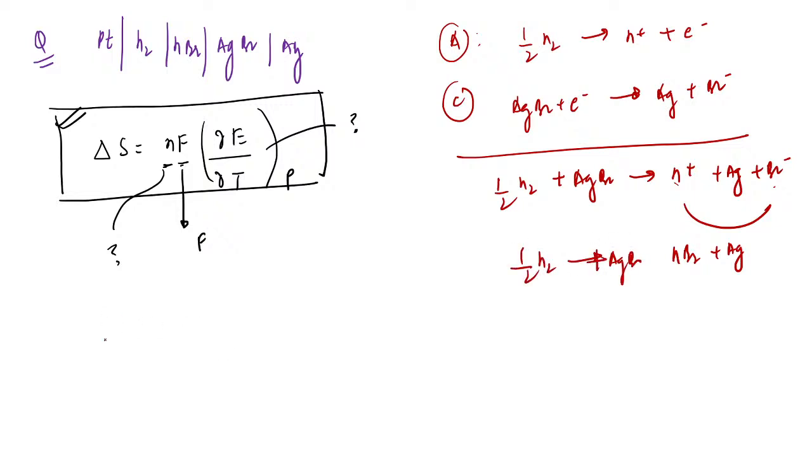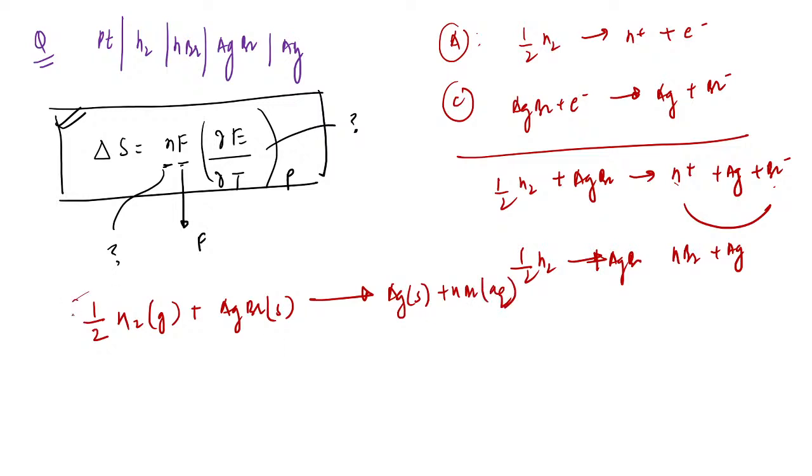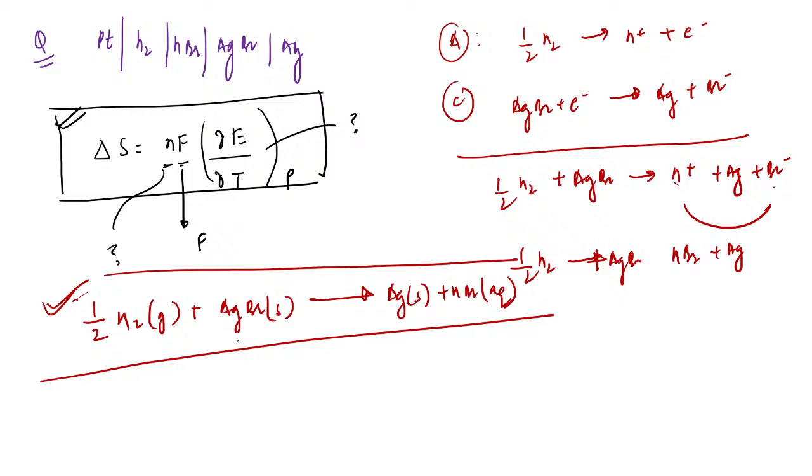So finally your reaction is half H2 gas plus AgBr solid giving Ag solid plus HBr aqueous. Is it clear how we got this reaction? So n is equal to 1 over here.